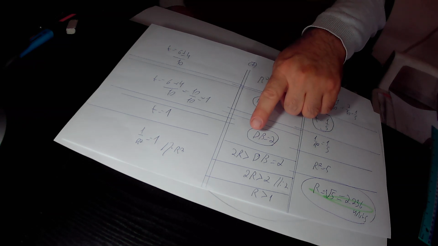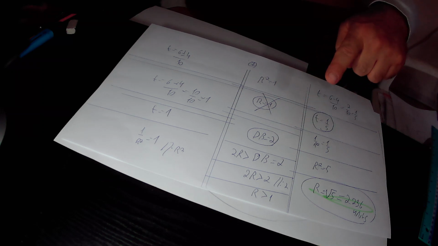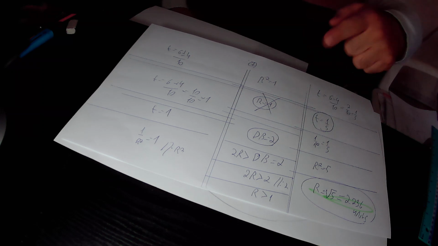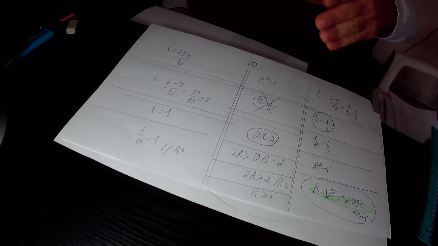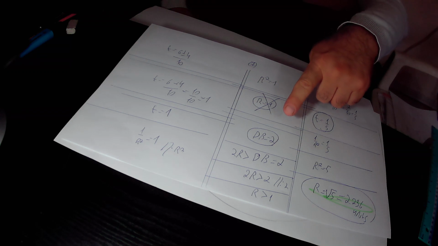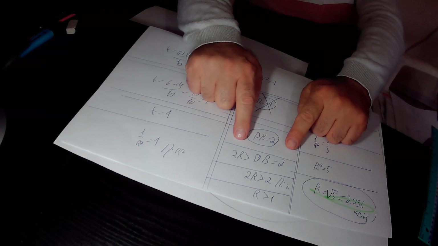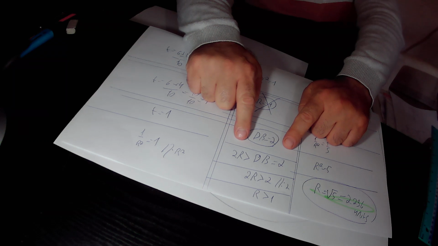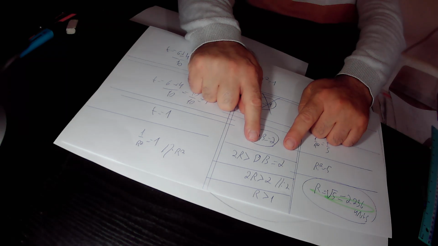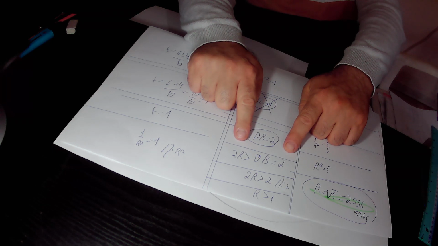So the diameter 2r of our circle must be greater than DB, which is not the diameter, because the diameter of a circle is the longest chord in the circle. So the diameter 2r must be greater than DB, that is 2. So according to this inequality, 2r is greater than 2.